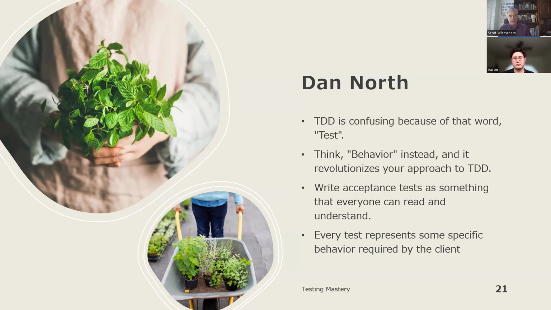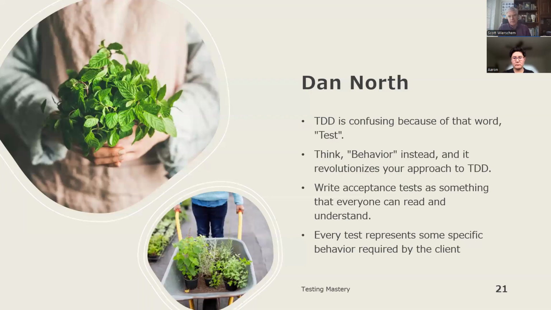So his suggestion is, if you think of behavior instead of test, then it changes how you approach test driven development. What you do is you write acceptance tests for a set of specifications. Notice that's what we were doing in the TDD exercise.